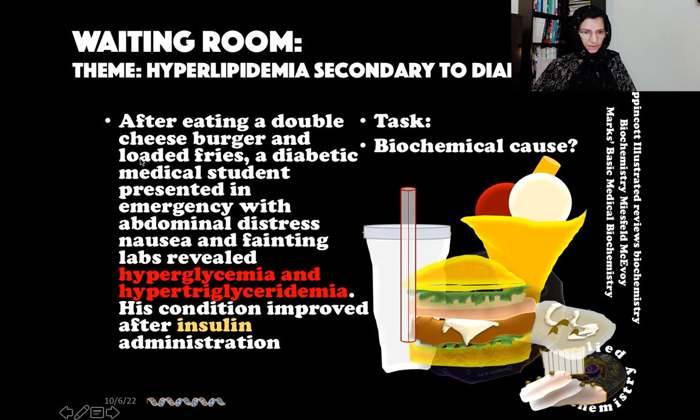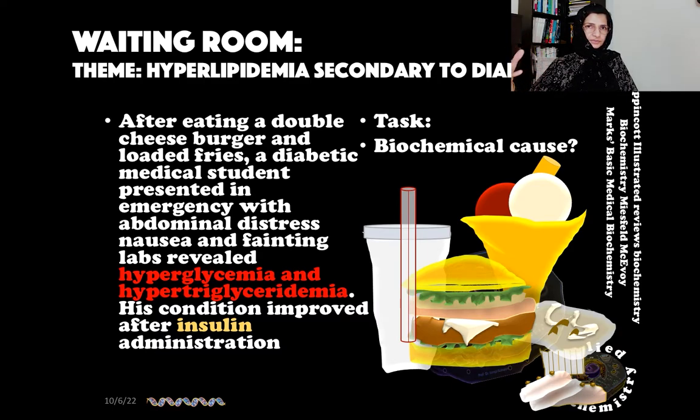Okay, now there is this medical student who is diabetic, and he has developed abdominal distress and nausea after eating a double cheeseburger and loaded fries, and labs have revealed hyperglycemia and hypertriglyceridemia, and his condition has improved after insulin administration, and you are required to give the biochemical cause. So the likely biochemical cause is that since he is diabetic, he is going to have insulin deficiency.